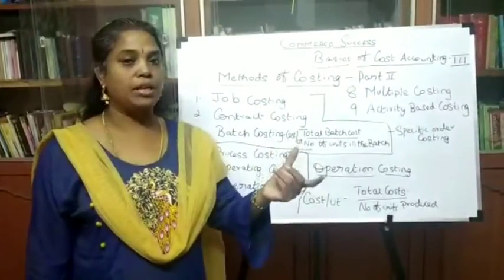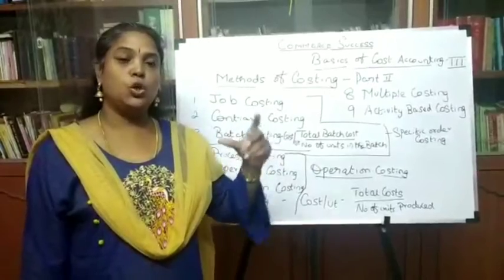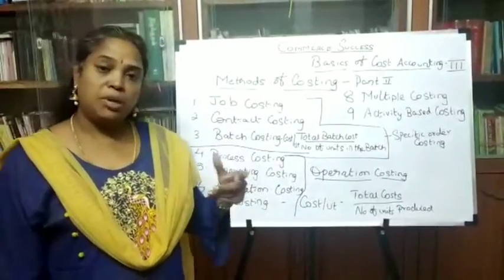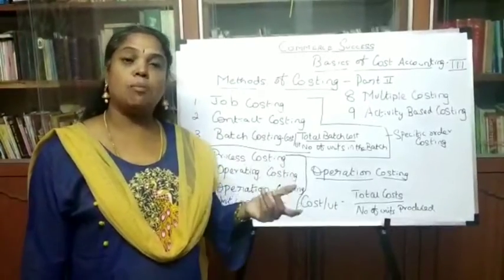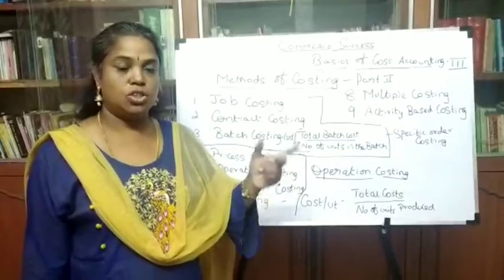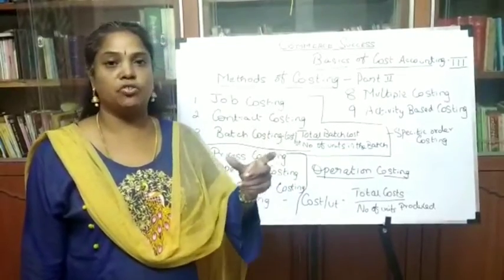So, what will happen? In each process, you may have some normal losses. Sometimes, you may have even abnormal losses or even abnormal gains. So, this is also included in the costing for each process.